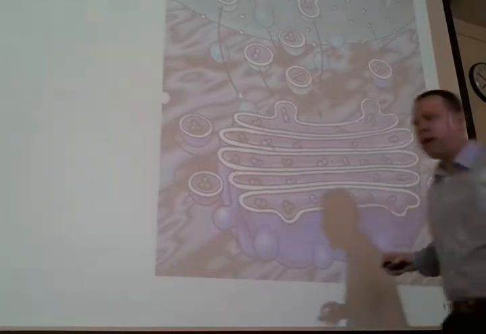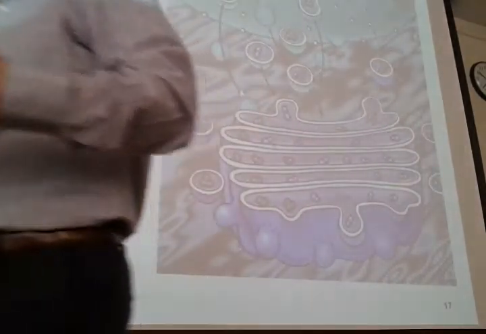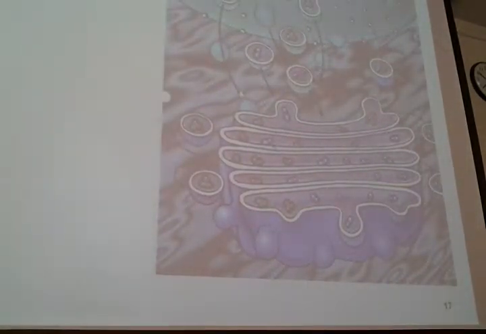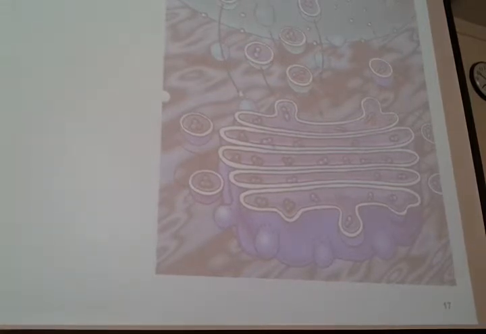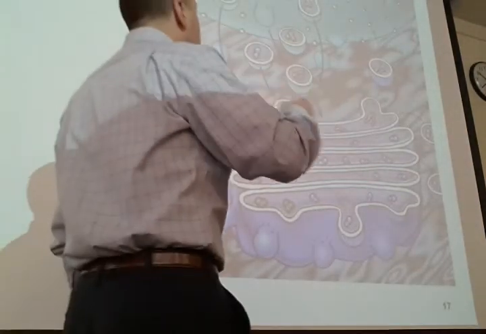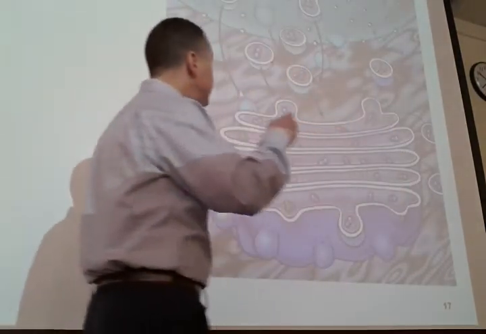So these are the four big things that can happen to proteins as they go through the Golgi. Before we get to the sorting idea, one last connection between the ER and the Golgi.